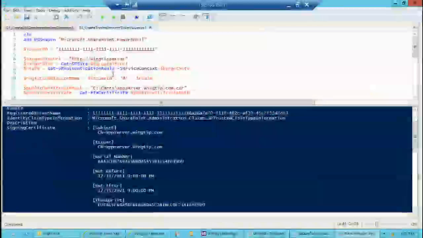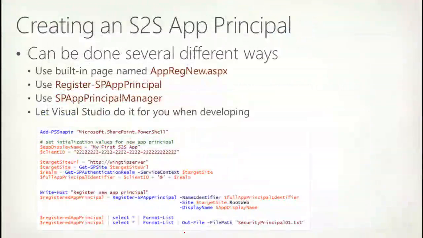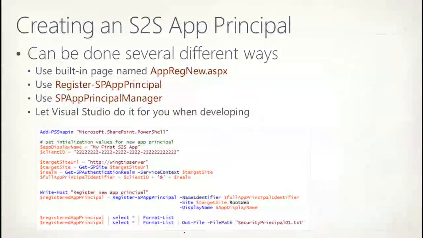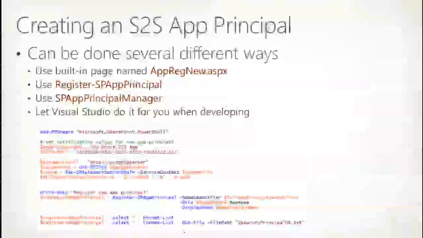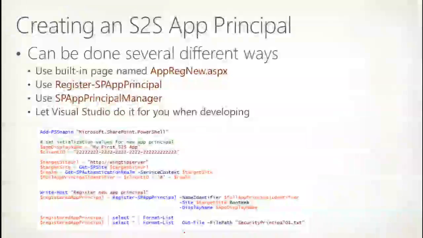Now, once we've done that and we've got this thing registered, the next thing we have to do is register the app principal. If you went through some of the MSDN papers and looked at the support in the beta, it was unnecessarily confusing because they always used the same ID for the token issuer and the principal, which doesn't need to be.